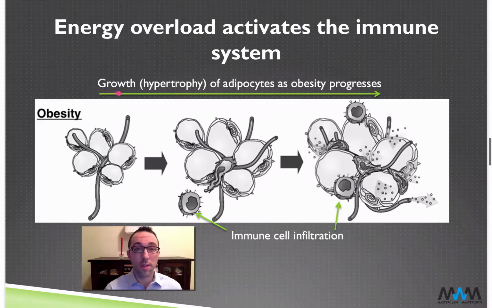Now, it's also true that if you have chronic energy overload that results in obesity, as adipose tissue grows, which is called hypertrophy, and those fat cells depicted here get larger and larger because they're accumulating more and more fat, immune system cells, shown here, infiltrate it, and they produce inflammatory cytokines and many other things, but also part of what they produce is oxidants, because that's what phagocytic immune system cells do, as we covered in the last lesson.